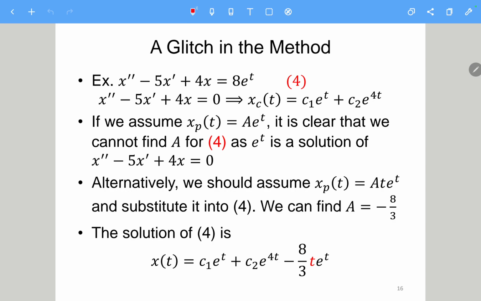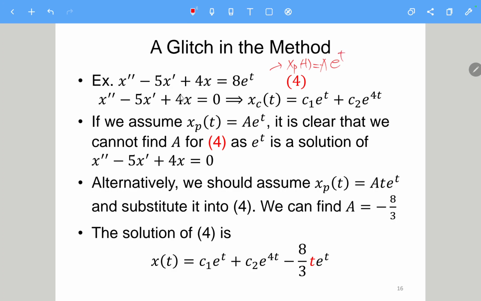Maybe you feel it's not so necessary, but for this one you will get a problem. If you don't find the homogeneous solution first and just look at the particular solution, you may feel that you can assume xp of t to be a times exponential t, and then plug it back in. Then you will find a problem.